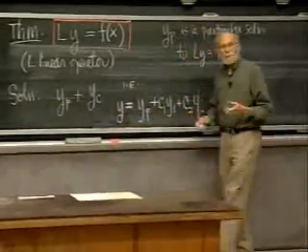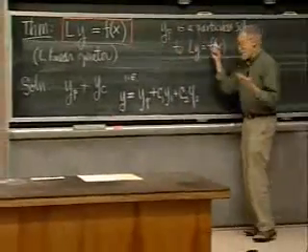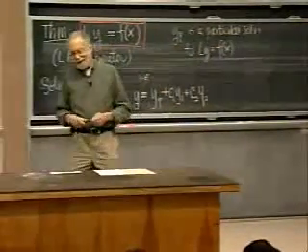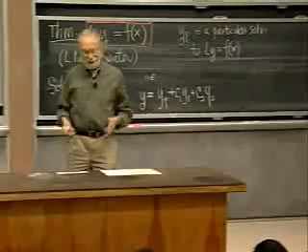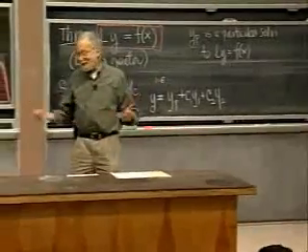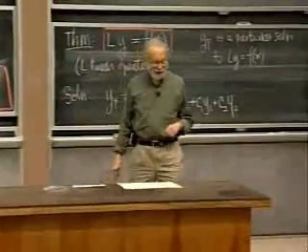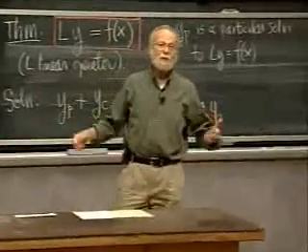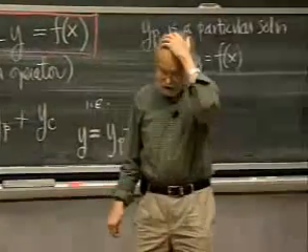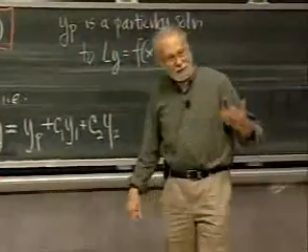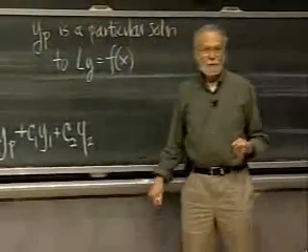Now, what's y sub p? y sub p is a particular solution to the whole equation. Yeah, but which one? Any one. Well, if it's any one, then it's not a particular solution. Unfortunately, the word particular here is not being used in exactly the same sense in which most people use it in ordinary English. It's a perfectly valid way to use it. It's just confusing, and no one has ever come up with a better word.